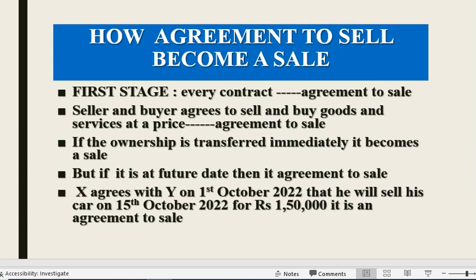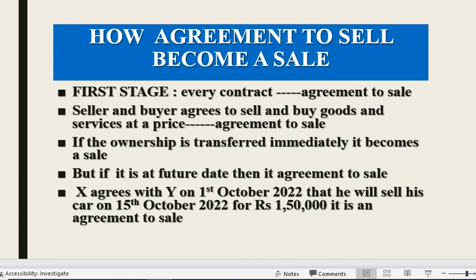So how does an agreement to sell become a sale? In the first stage, where the seller and buyer are negotiating, it is an agreement to sell. Seller and buyer agree to sell and buy goods and services at a price, so it is an agreement to sell. But if the ownership is transferred immediately to the buyer, then it becomes a sale.